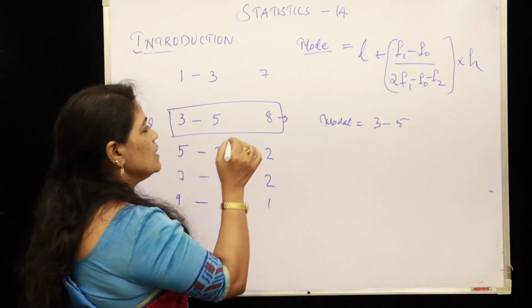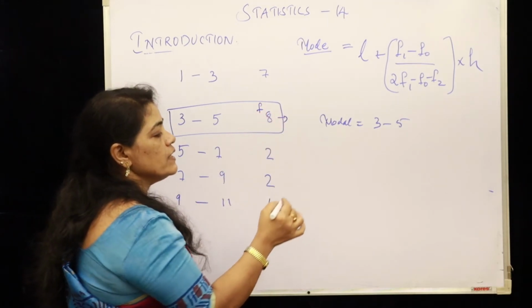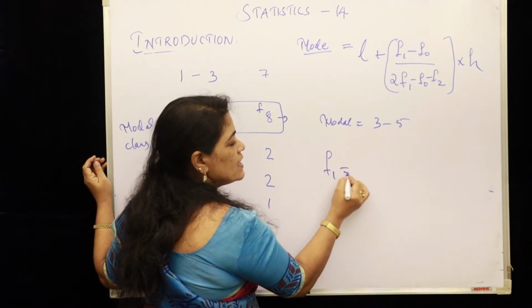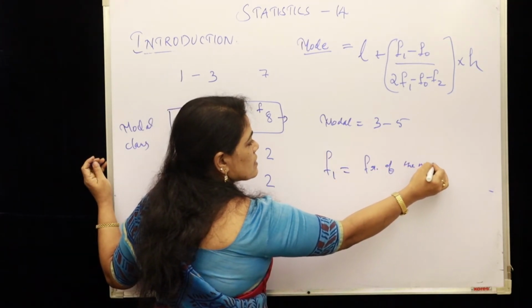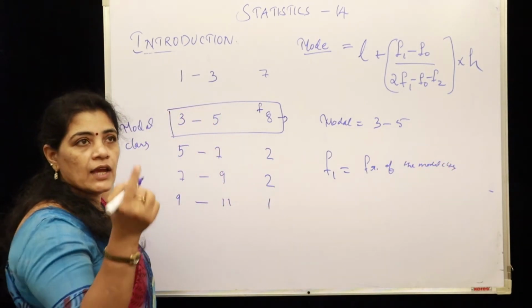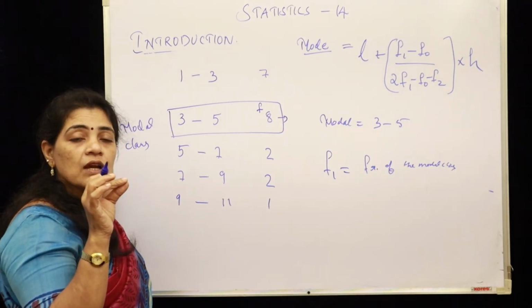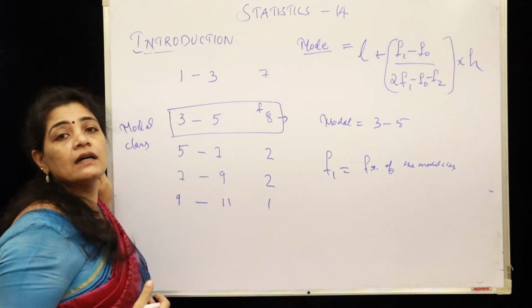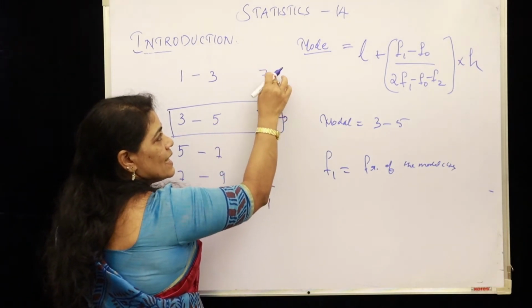F1 is the frequency of the modal class. And F0 is nothing but the frequency of the class preceding the modal class, the one before it. That is 7.